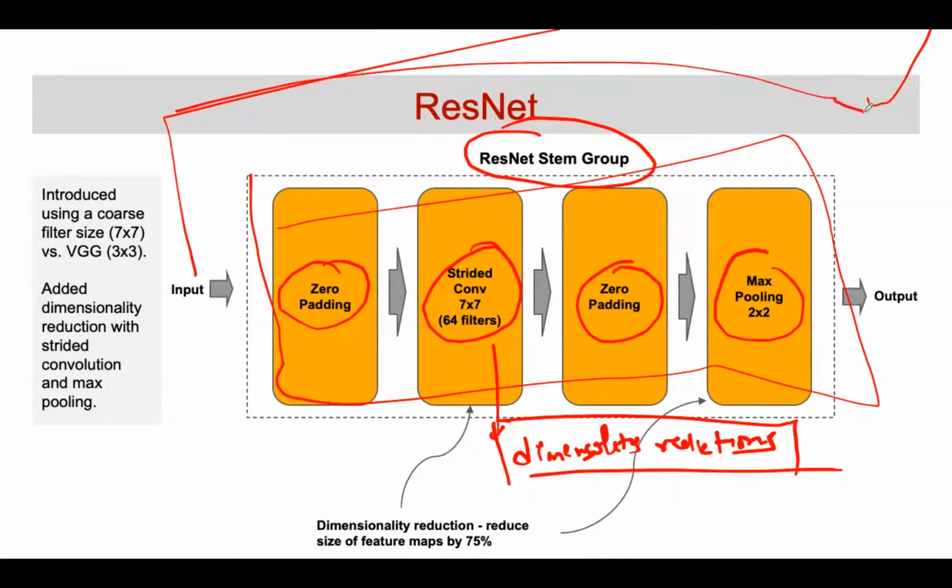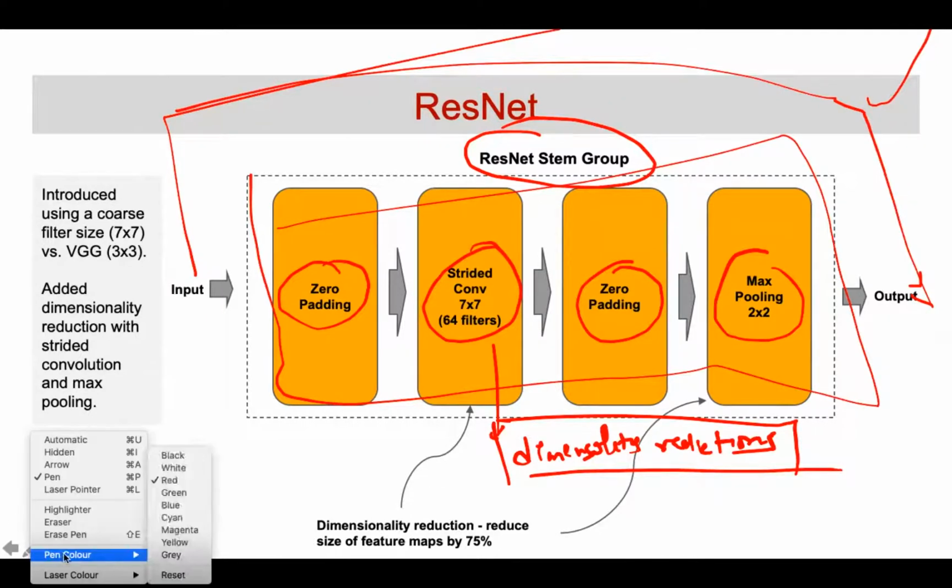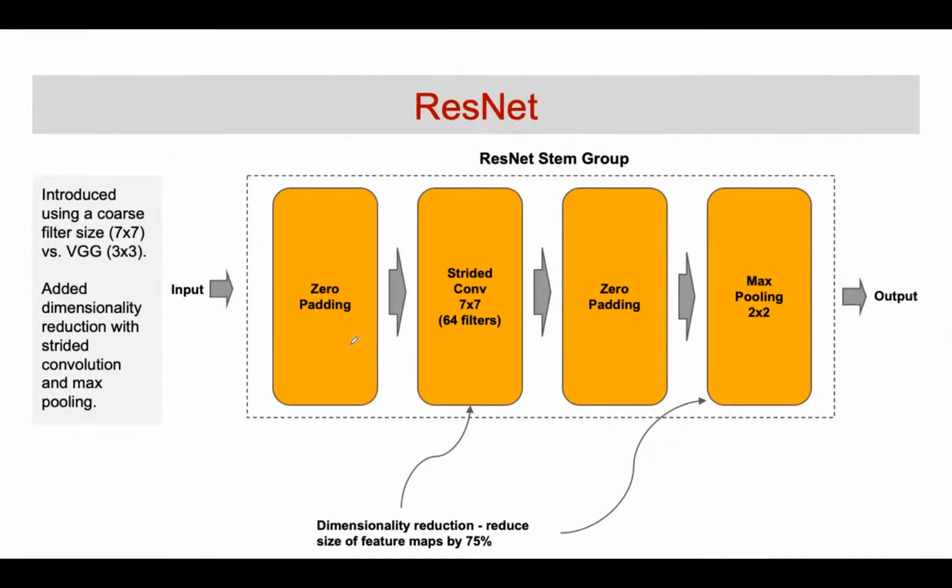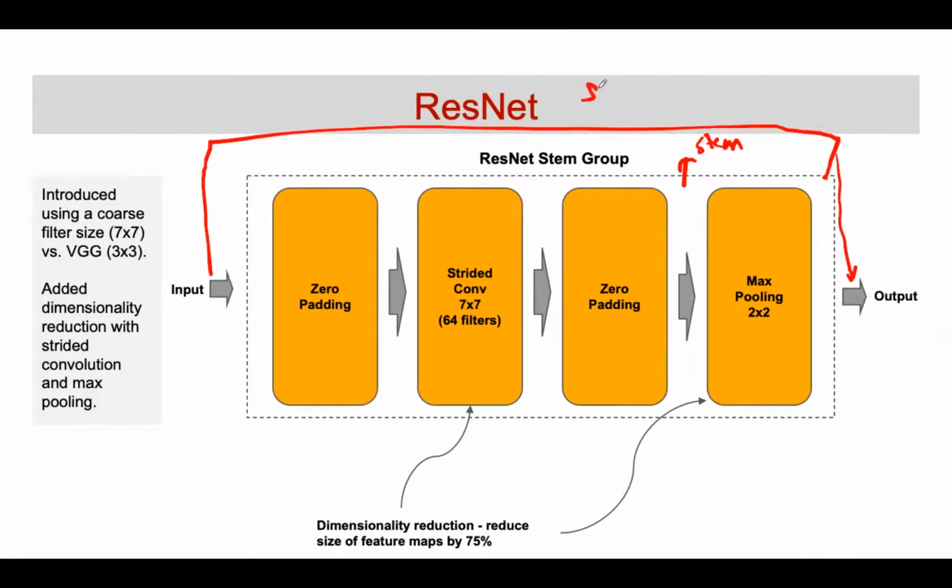First we should have the stem. Guys, give me some time, and it's the pen. This is called the stem, right? This entire thing we need to build as a stem. Then on top of this we need to build the residual skip connection.